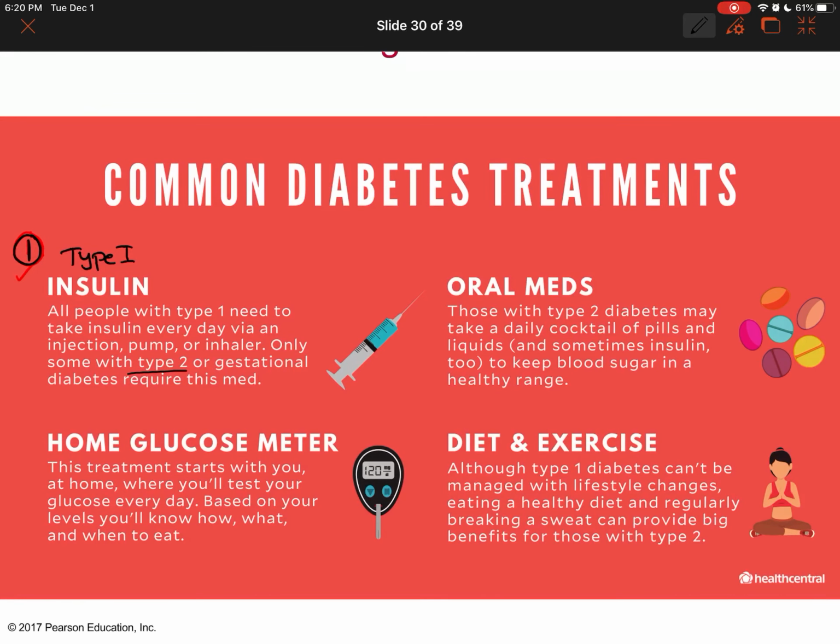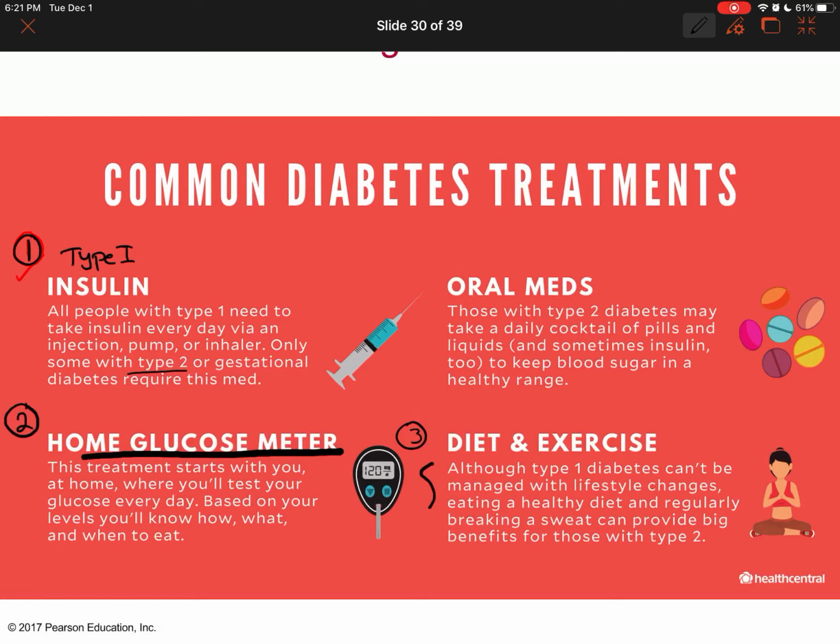So that's one. The second is to always know where your blood sugar is. So you want to always check your blood glucose levels with the glucose meter, and always know when and what to eat. So you want a special diet. So that's number 3. Both types of diabetes have to really closely monitor their diet.